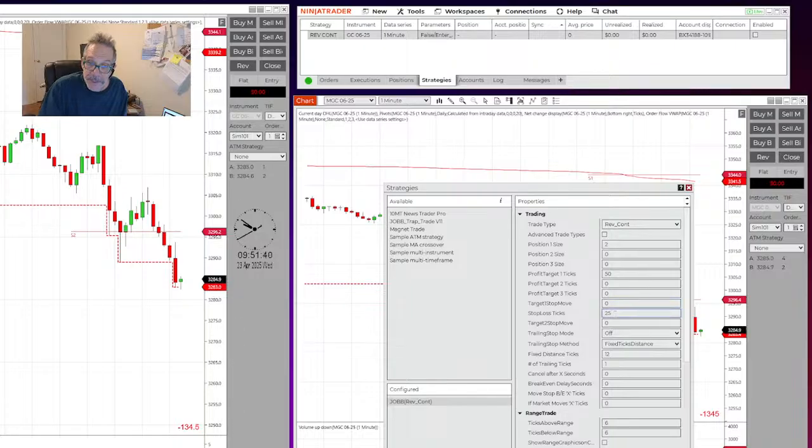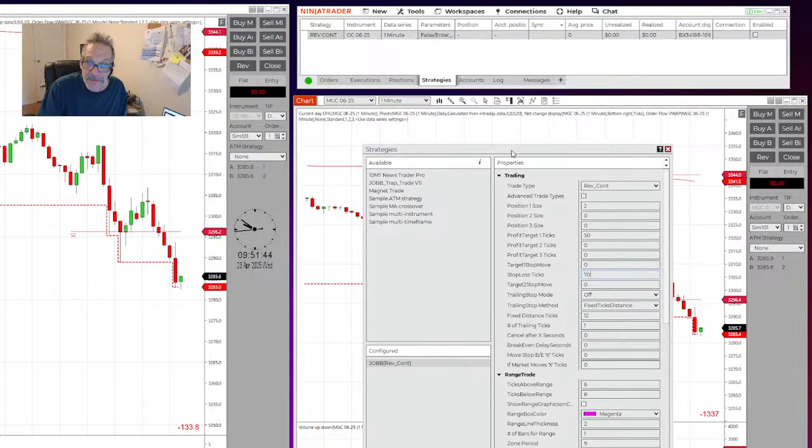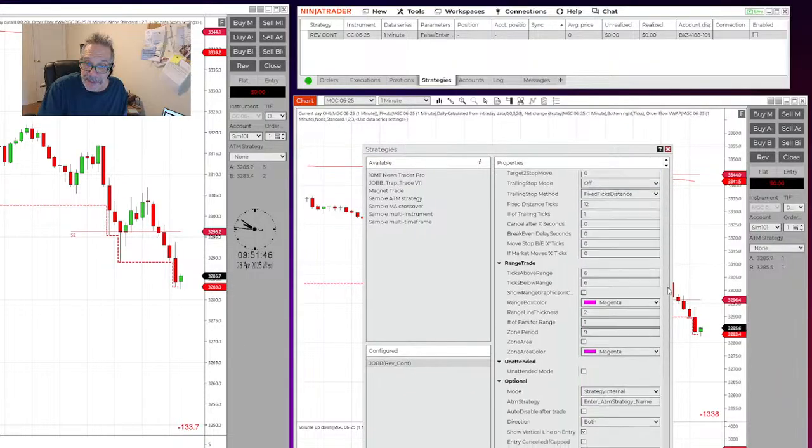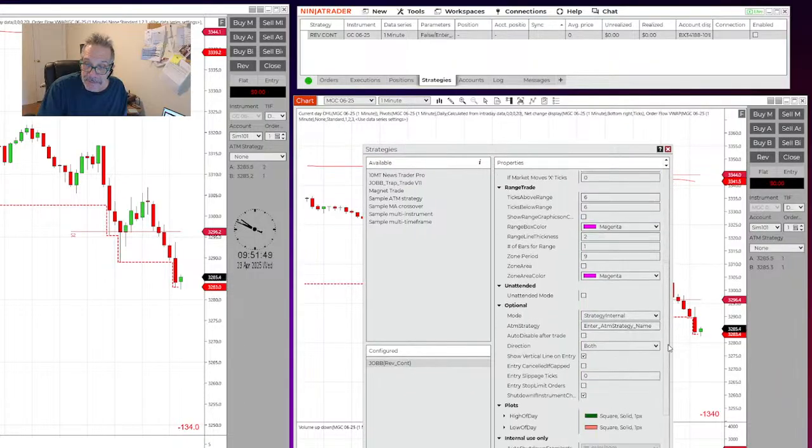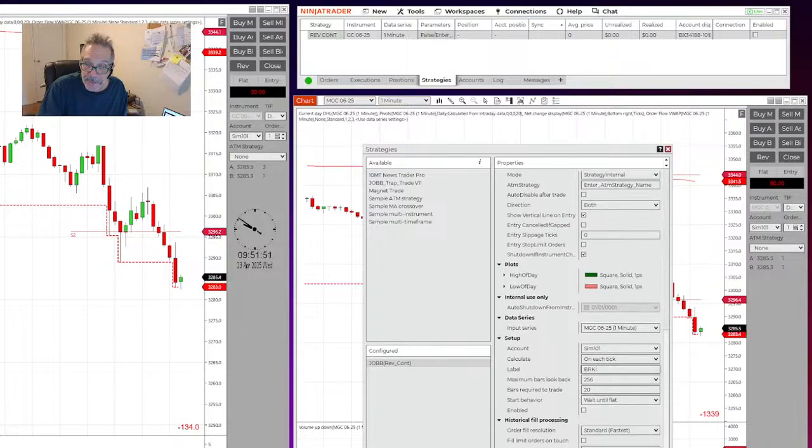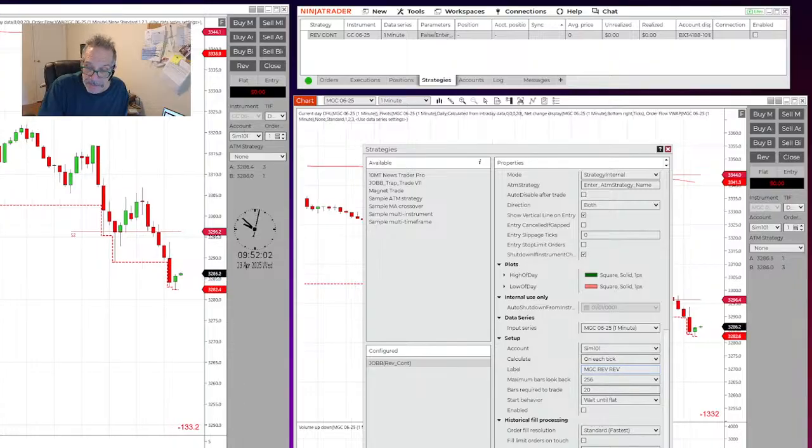Reverse continuation. With this kind of movement in gold, that's not very much. And then label it, right? Label it MGC REV. And then if you're going to trade it in a live account, go ahead, choose an account to trade it in.